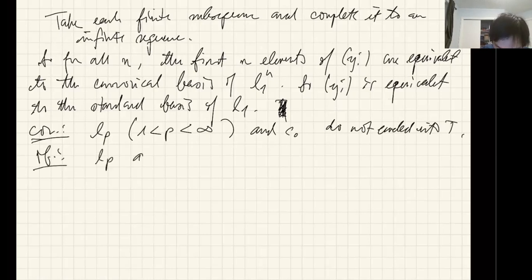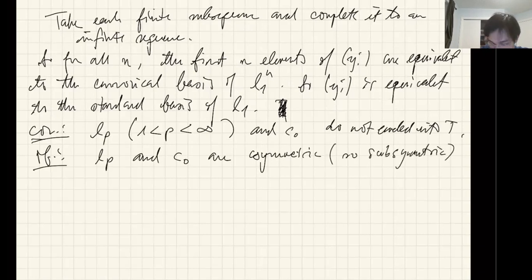Okay, Lp and C0 are symmetric, so subsymmetric, and they're actually, so not just Lp, sorry, the standard bases of Lp and C0 are symmetric. We said that before. You can permute them and you get an equivalent basis.